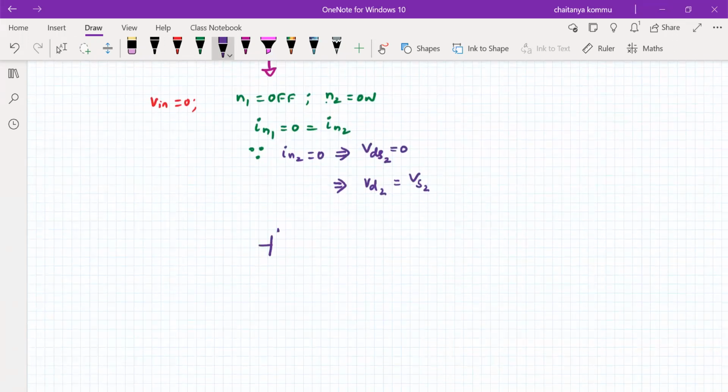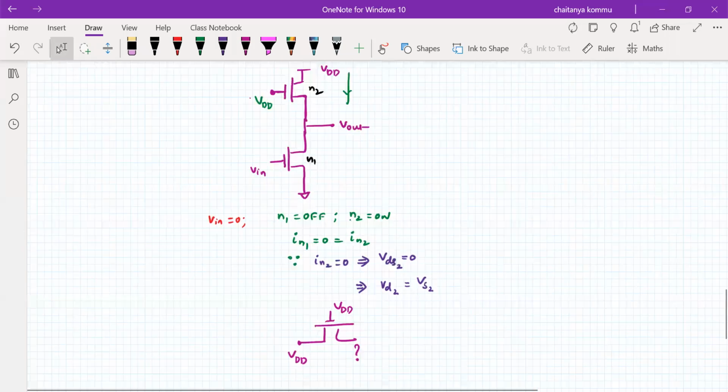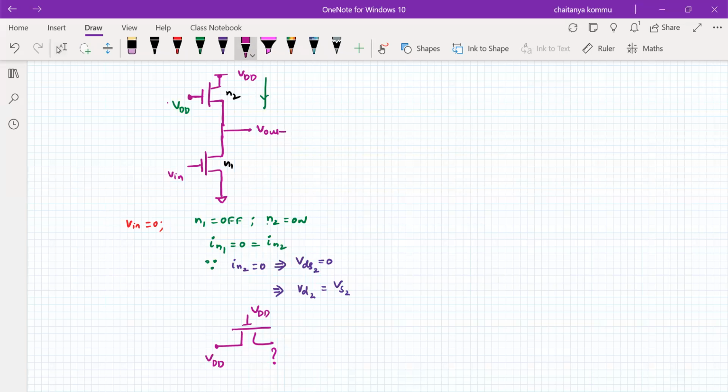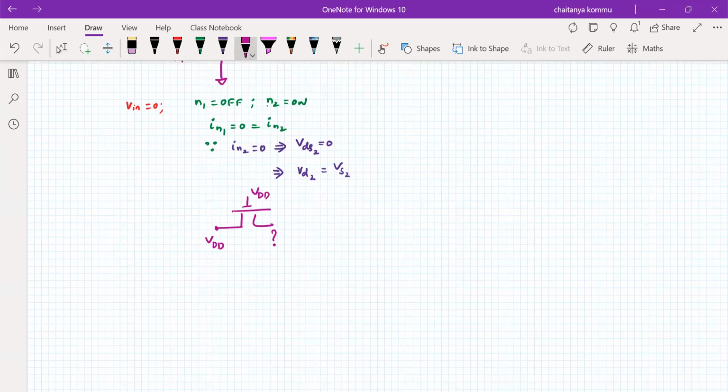For example, if this is the VDD, here we are connecting VDD. How much value do we observe? That's the question. The drain is at VDD, the source is at V out. What is the maximum value that we observe here? Is it directly VDD, or other than VDD?